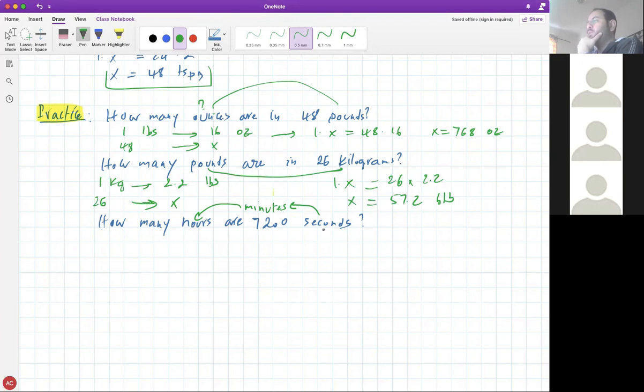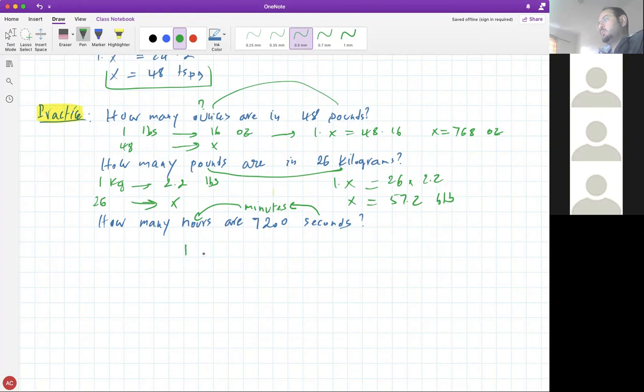Next one here, we have hours to seconds. So what do we do first here? What do we need to find first? The formula. And 60 seconds is equal to 1 minute. That's right. So we're going to turn the seconds into minutes. Once we have minutes, we can turn them into hours.